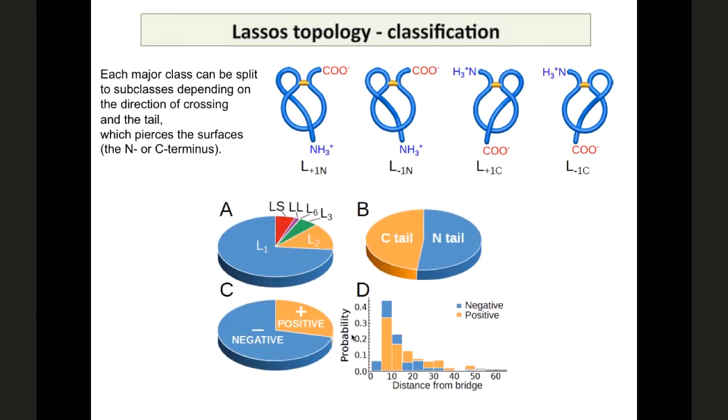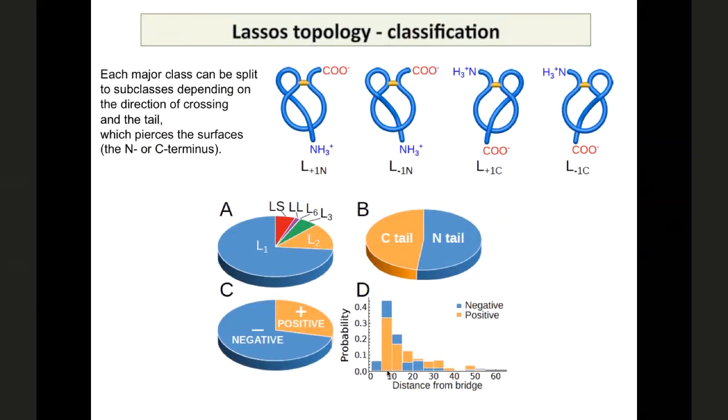And because we know which amino acid is piercing the surface, we can see the most typical distance from the cysteine bridge to the moment when the tail pierces the surface. So this is around 10 amino acids.